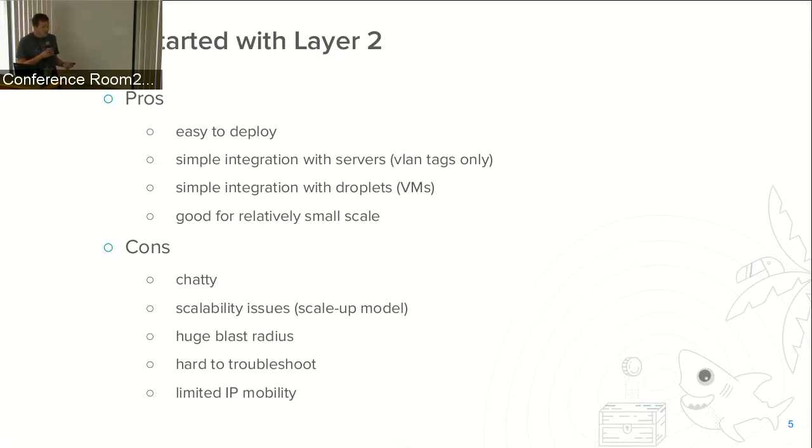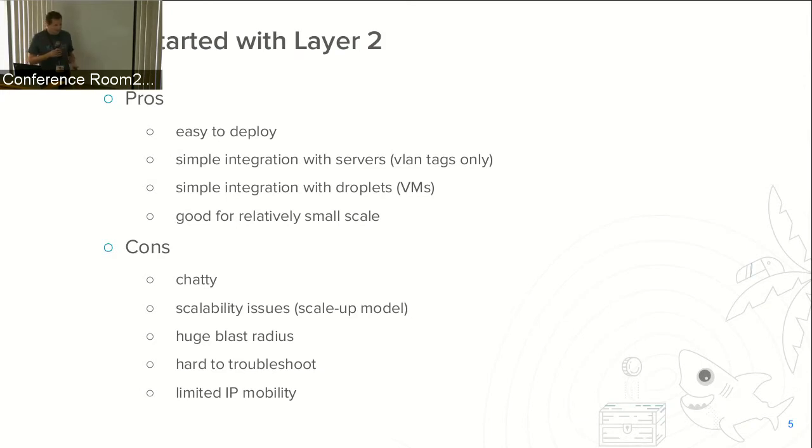But the reason that we can't stick with this is scale. There's a point where we hit limits and we just can't push past those limits. To be honest, I'm pretty impressed with how large DO has gotten on layer 2 networks and VLANs, but we're getting to the point where things are starting to tip over and causing problems that we don't really want to deal with anymore. Layer 2 networks, they're chatty.